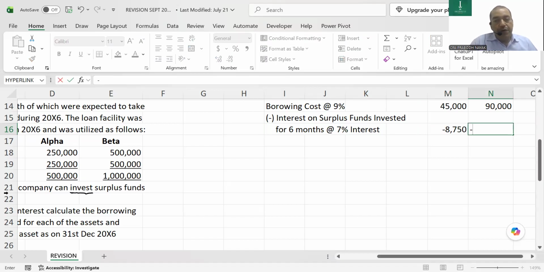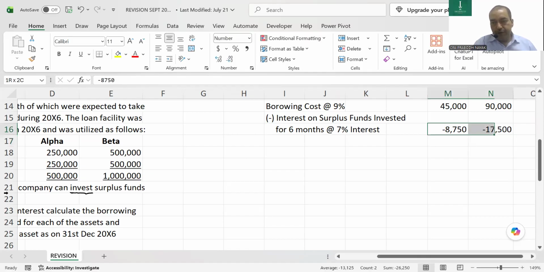Next I have 7% interest for the amount of $500,000. So $500,000 into 7%, and for 6 months it will be 17,500. So this will be 17,500. I take the balance, simple calculation.